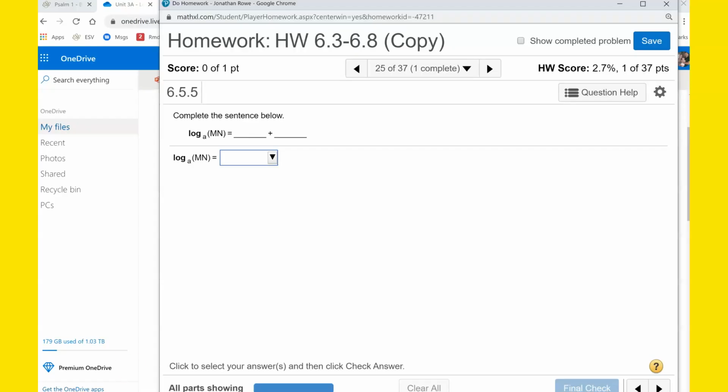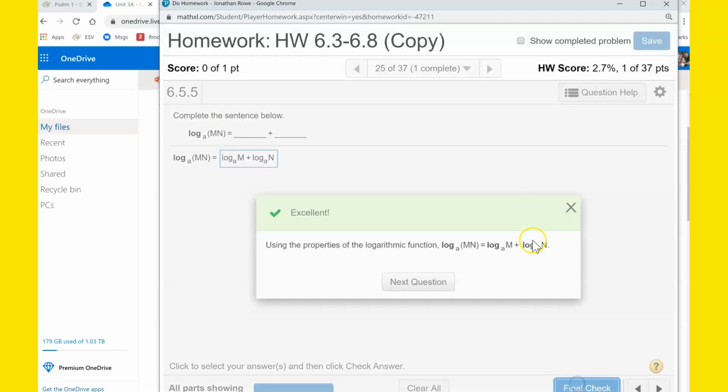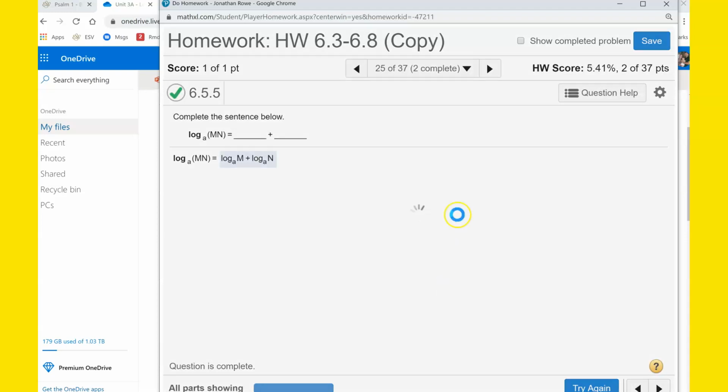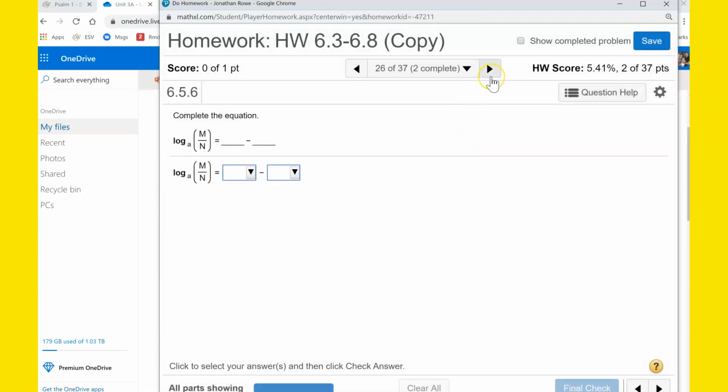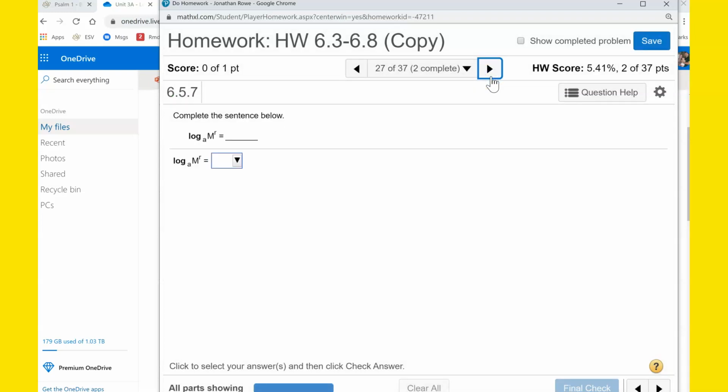So then that allows me to come over here to the homework problem and say that log base a of m times n is log base a of m plus log base a of n. That was very simple. All right, I'm not even going to bother to do that one because you will know how to do it.